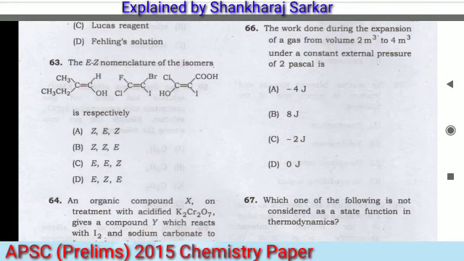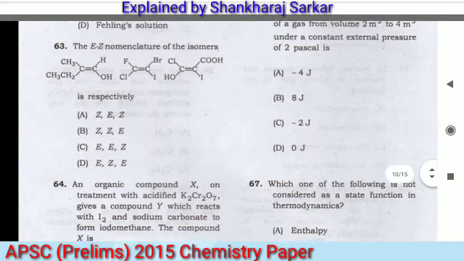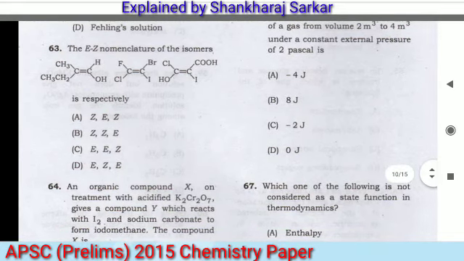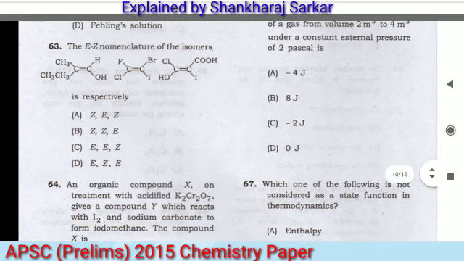Next question, the EZ nomenclature of the isomers. 3 compounds are given and you have to choose the correct option out of A, B, C, D. So we know that if the high priority groups are present in the same side then it is called Z, and if the high priority groups are present in the opposite side then it is called E. So in the first compound we can say that it is Z, since the high priority groups are in the same side.